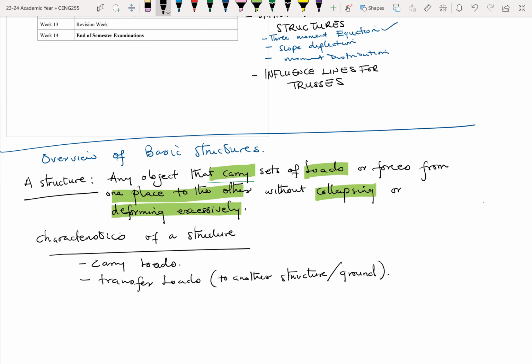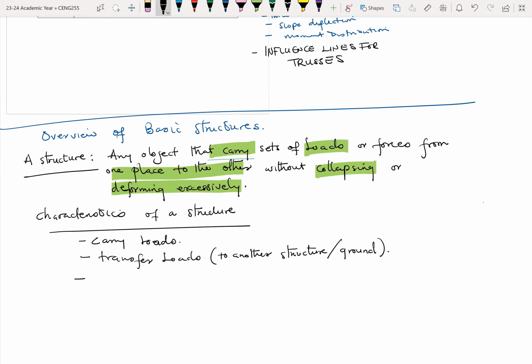Then, of course, it must not collapse, and should not deform excessively.